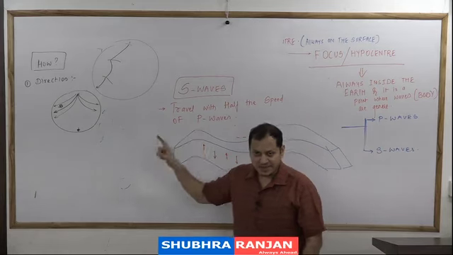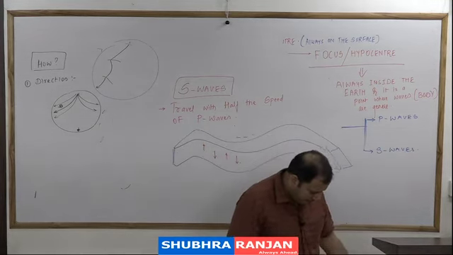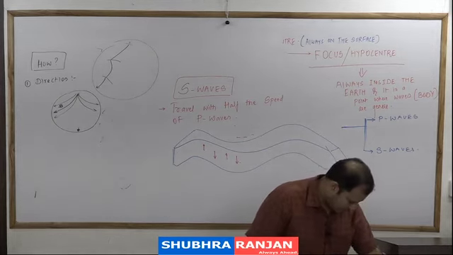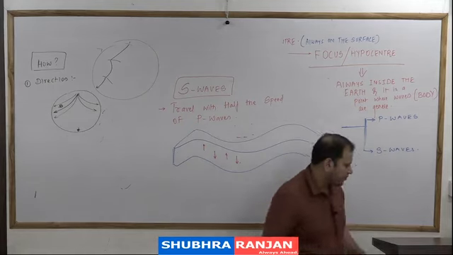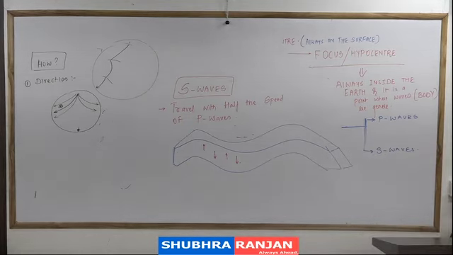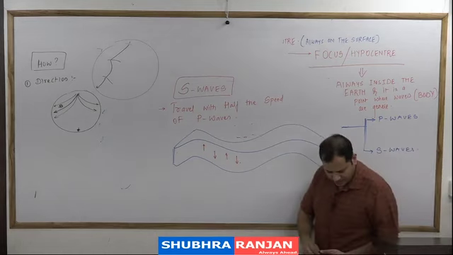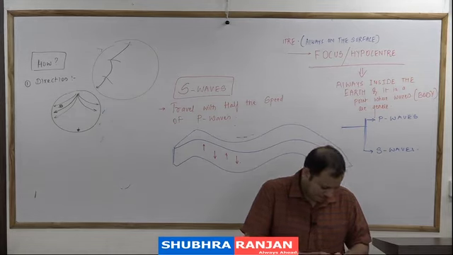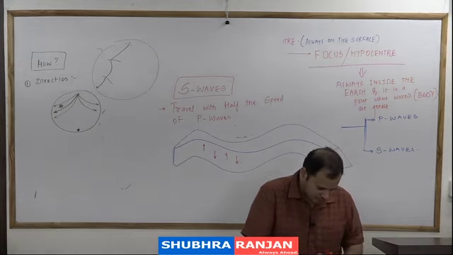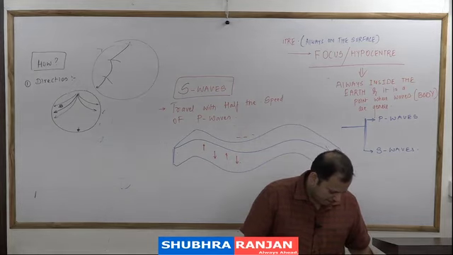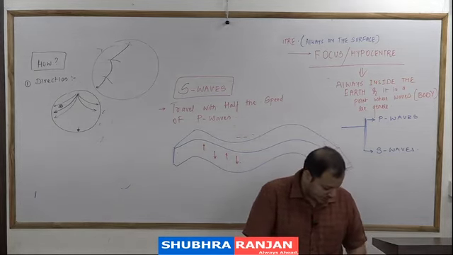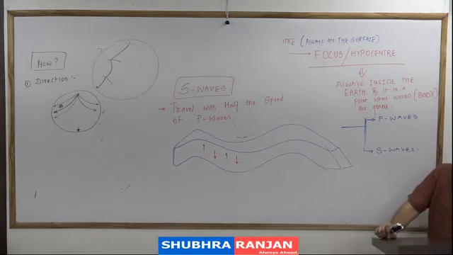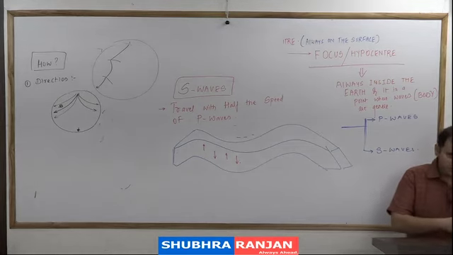So one is direction. So you can take down: the change in the direction and the velocity is due to the changes in the densities of the medium through which the P and the S waves pass.